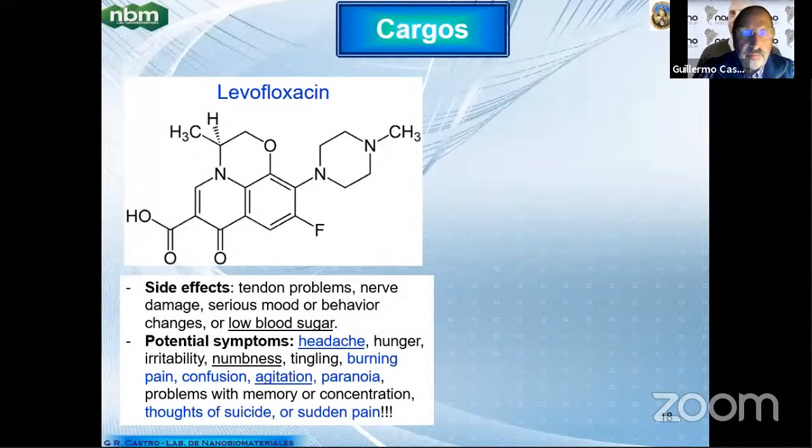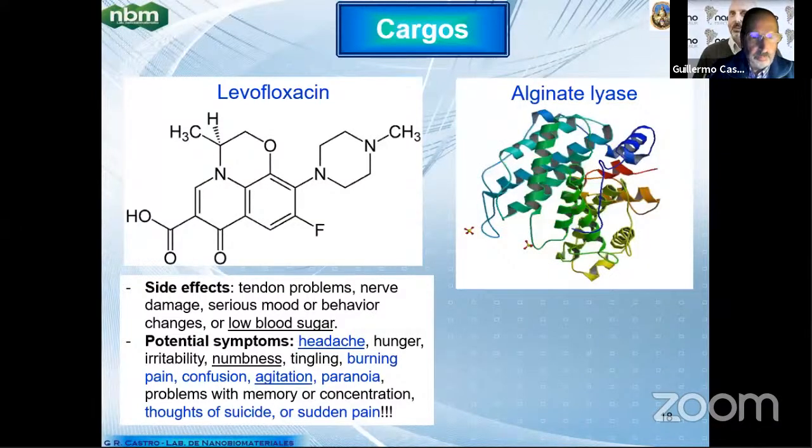Sodium chloride in physiological conditions is about 154 millimolar. The administration of free ciprofloxacin can cause tendon problems, nerve damage, changes in mood and behavior, and low blood sugar. The potential symptoms of administration are headache, burning, pain, confusion, agitation, paranoia. So it's a complicated molecule.